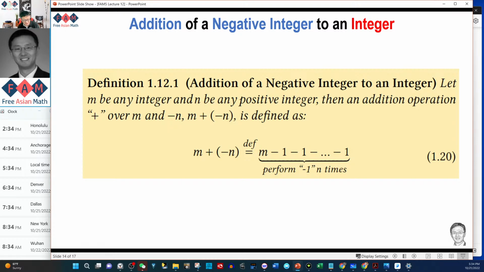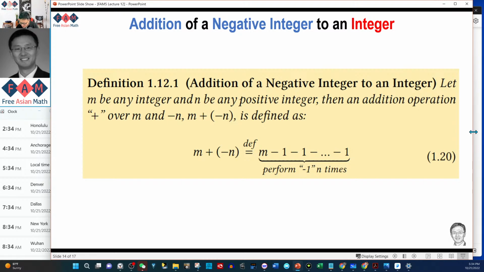We know that this is a negative n because this is a negated version of n. So now this operation m plus, we use parentheses to make that clear, we are adding negative n, not n, to m. And what is it? We just define it. Subtracting 1, subtracting 1, subtracting 1, n times from m.